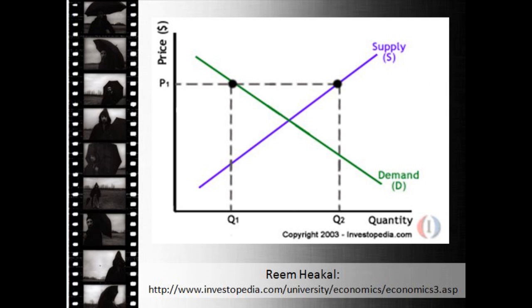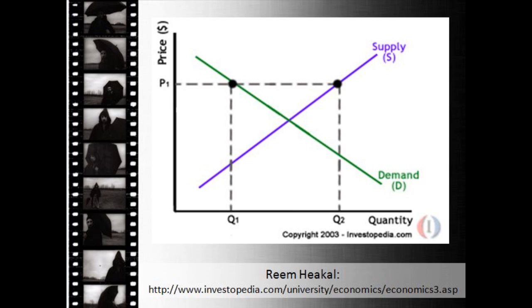At price P1, the quantity of goods that the producers wish to supply is indicated by Q2. At P1, however, the quantity the consumers want to consume is Q1, a quantity much less than Q2.